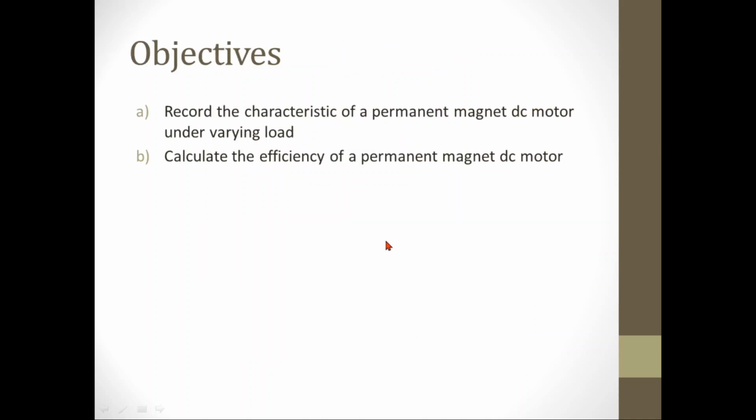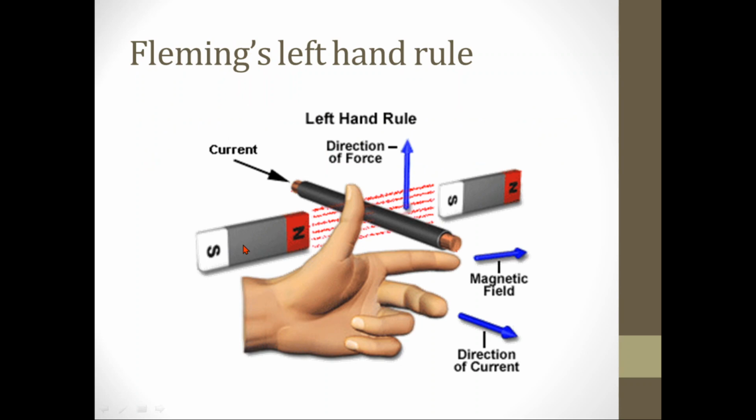Now, since we are studying the permanent magnet DC motor, we expect the source of the magnetism to be coming from, of course, a permanent magnet.